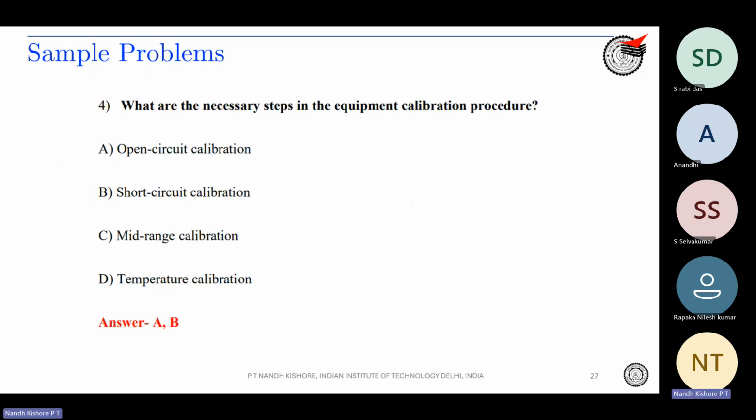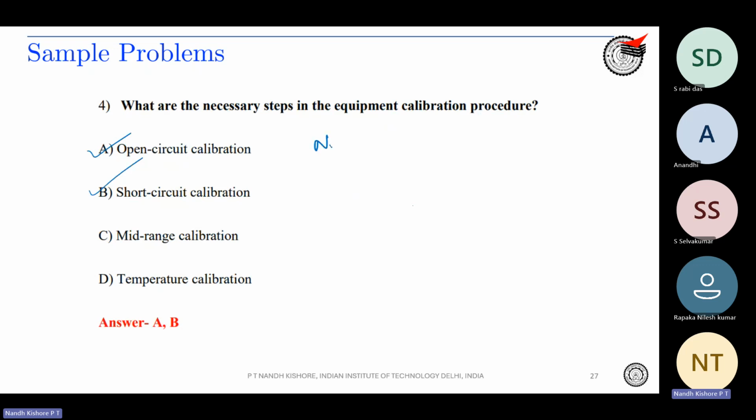What are the necessary steps in the equipment calibration procedure, open circuit calibration, and short circuit test? So this is something that's common across all device characterization, right? You take a transformer, you want to characterize it, first you do an open circuit test and you do a short circuit test. Similarly for machines as well, you do what is called the no load test and the block rotor test, right?